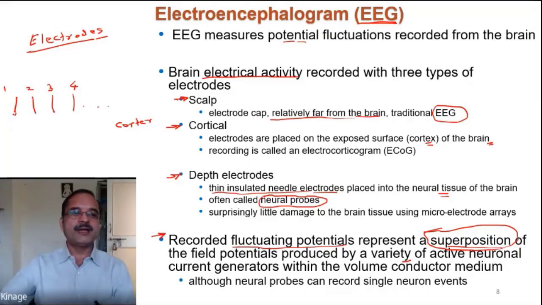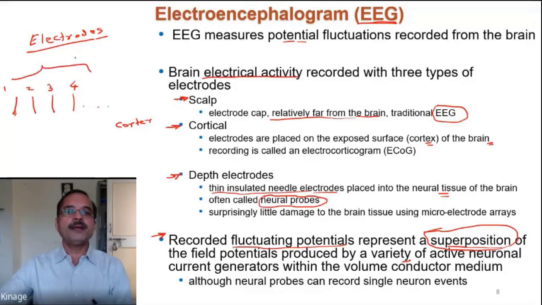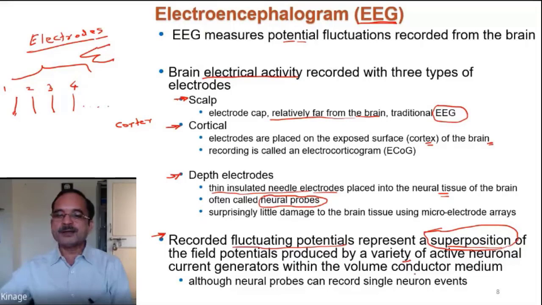They act as current generator 1, current generator 2, current generator 3, current generator 4, like that. Finally it is the summation of all, so that's why it is called superposition, within the volume conductor system.